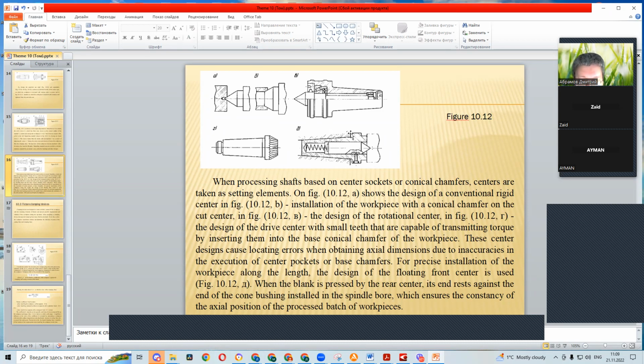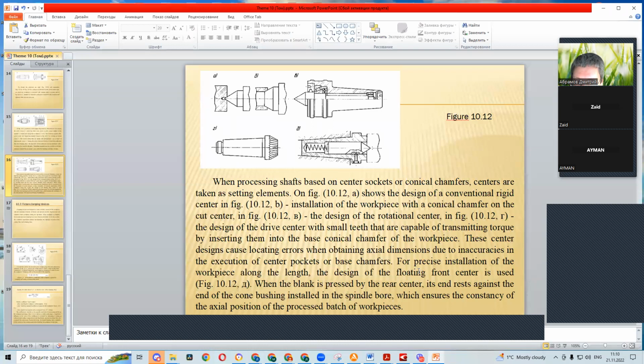These center designs cause locating errors when obtaining axial dimensions due to inaccuracies in the execution of center pockets or base chamfers.